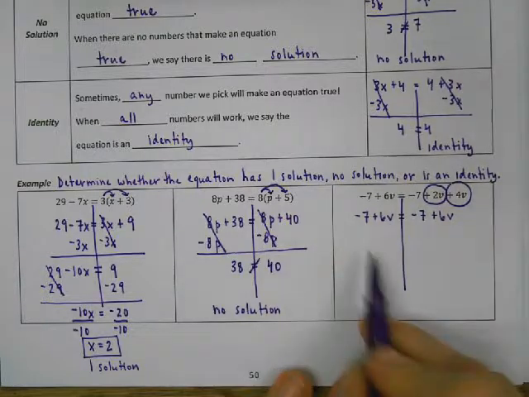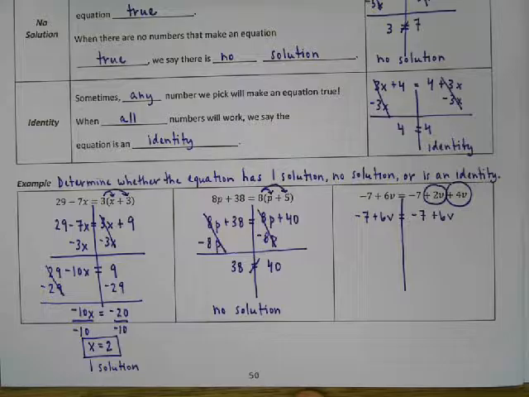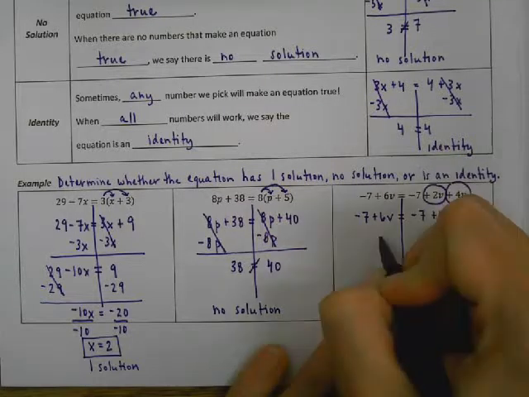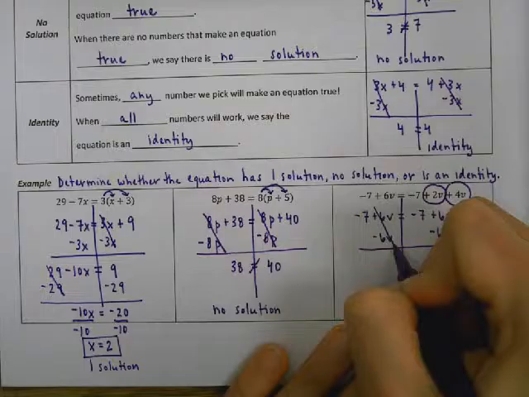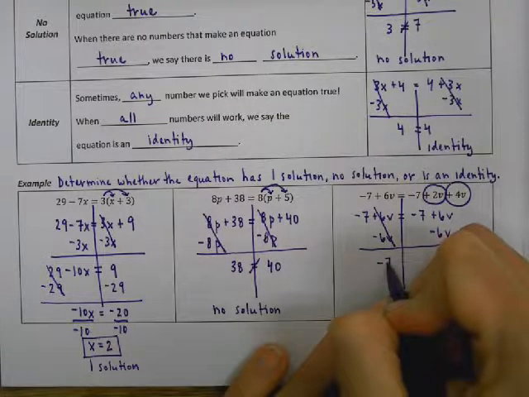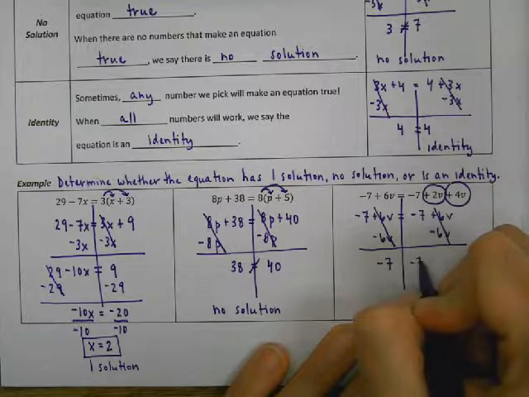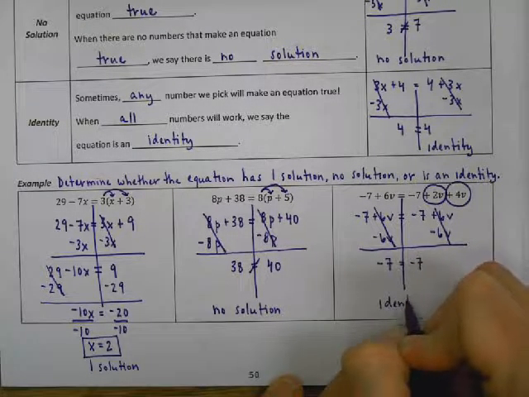Well, right away I notice I have the same thing on either side of the equation. So that's kind of letting me know I'm going to have an identity. If I were to move my variables over, these 6v's are going to go away. I have negative 7 on this side. Again, these are going to cancel, and I get negative 7 is equal to negative 7, and that's an identity.